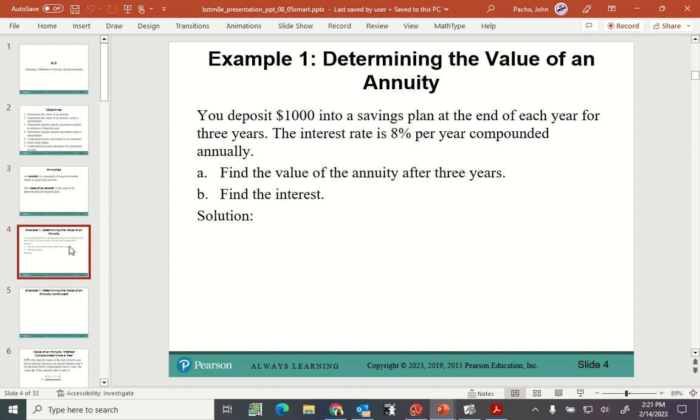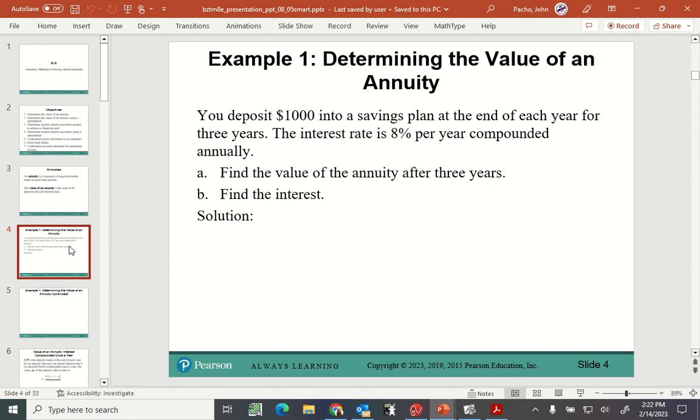Let's keep going. The next thing is PV. PV stands for present value. How much money are we starting with in my account? 0. It's 0 because we haven't made a payment yet. Before we start making payments, there is 0 in the account. So your PV currently is 0.